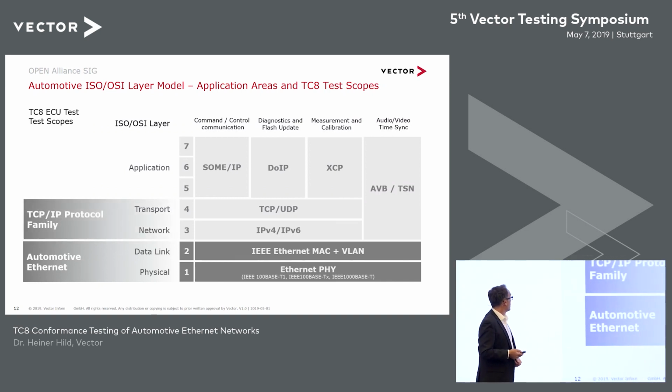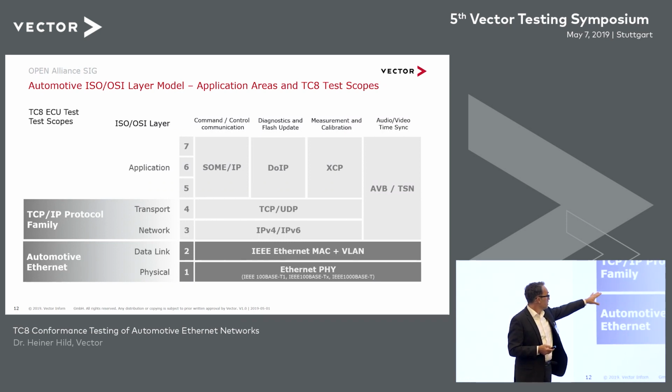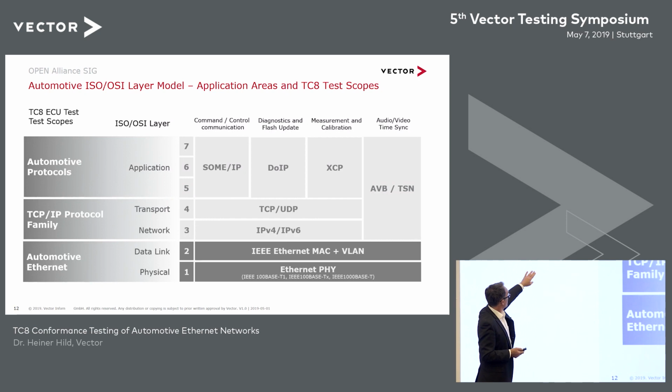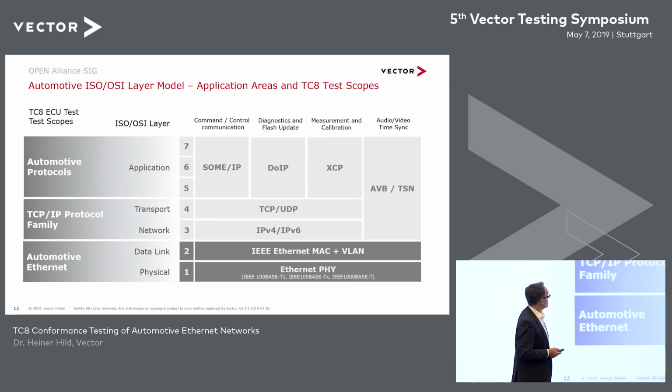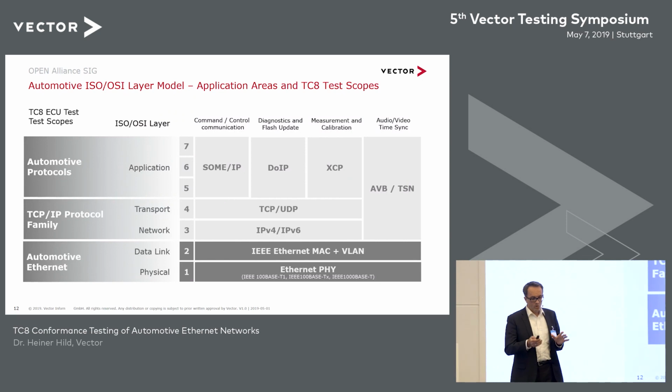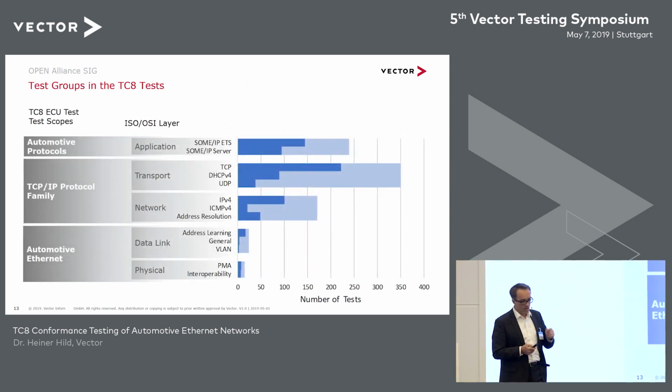The second test scope is called TCP/IP protocol family that serves network and transport, and the third one serves the protocol layer with SOME/IP, Diagnostics over IP or XCP, or also AVB or time-sensitive networking. This is the organization along these lines.